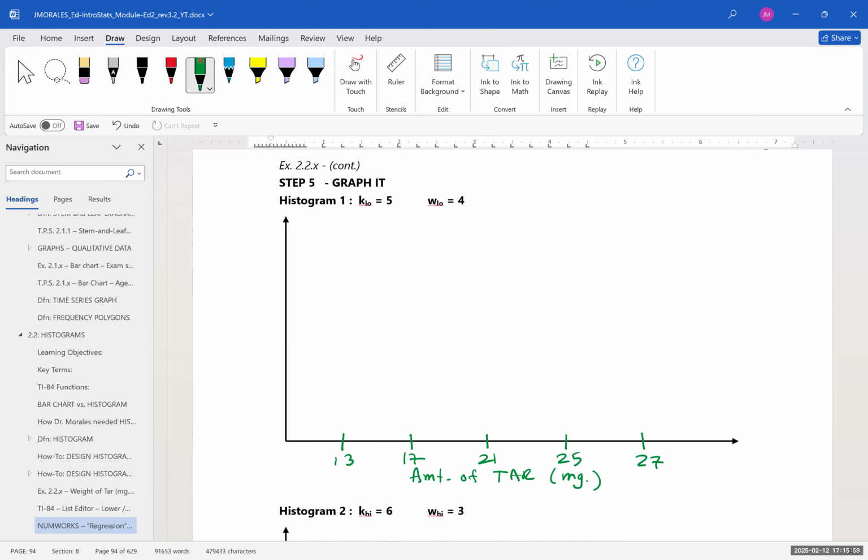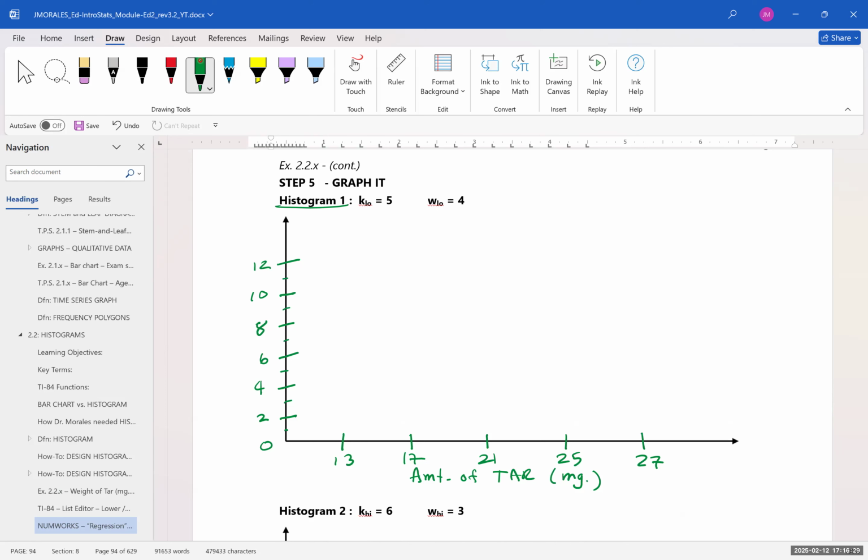The highest frequency went up to 10 in histogram 1, so I'll try to go up to 12. So I've got maybe 2, 4, 6, 8, 10, 12. I can put little sub marks here like that.